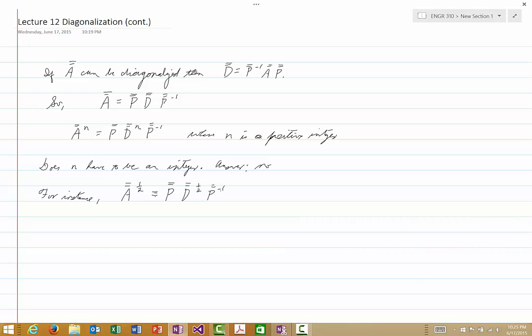So let's look at an example of this. Let A be the matrix 24, -10, 30, -11.